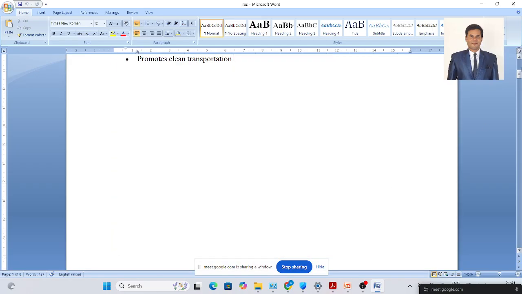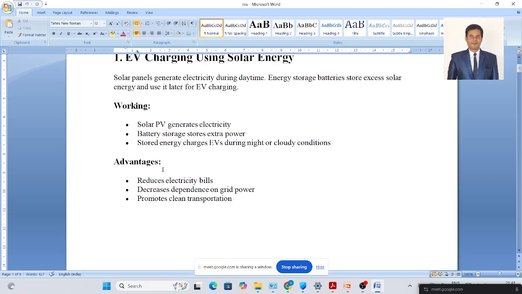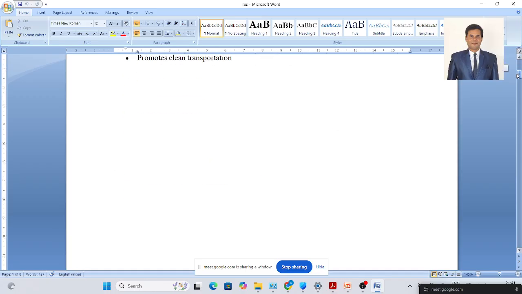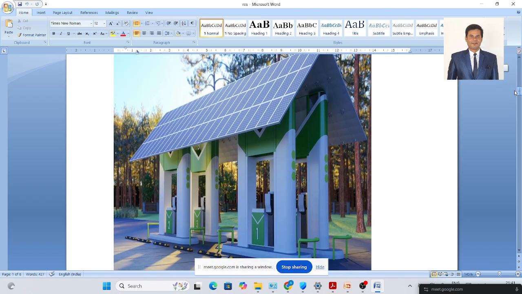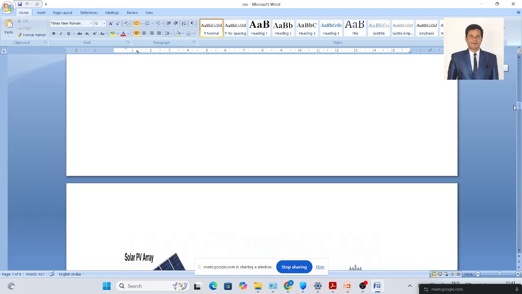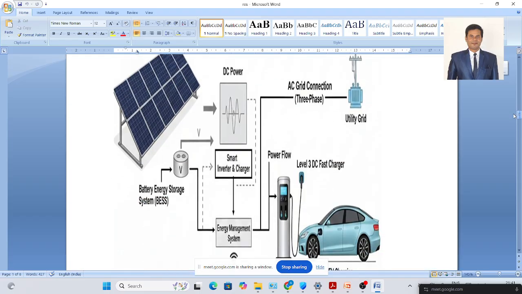So you can see, you need not depend upon the grids. Right? Don't depend upon the grids always. It will reduce your dependency on the grid power also. So you can make use of these kinds of systems for energy storage. All right, you can see in this diagram we have the solar panels, where the battery energy storage is also there, and the DC power which is coming is sent back and stored in the batteries, right?